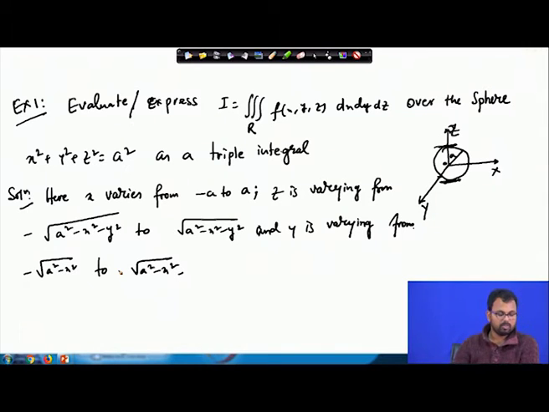So, this is our required range for the variables x, y and z.